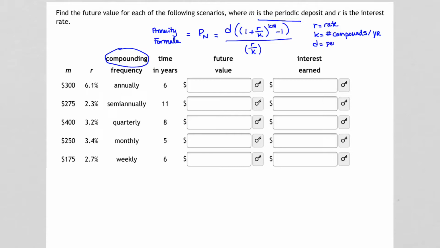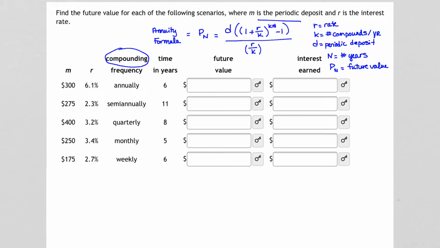N is our number of years. And P sub n is the future value in our account. That's the future value. All right, so we have our annuity formula.